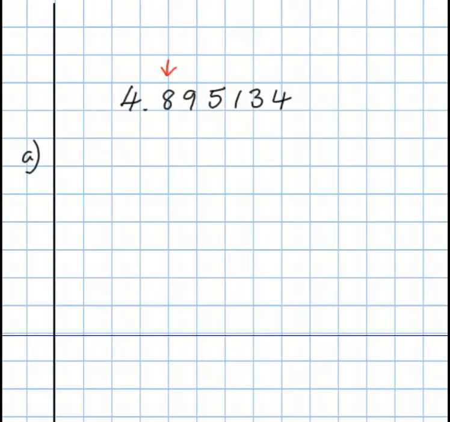Oh, sorry, I better just make it clear. Round to 1 decimal place. Well, remember what we do, get rid of all the other figures to the right. What do we cross out first? A 9. That means we make the last figure we keep, this 8, 1 bigger. So it's 4.9 to 1 decimal place.